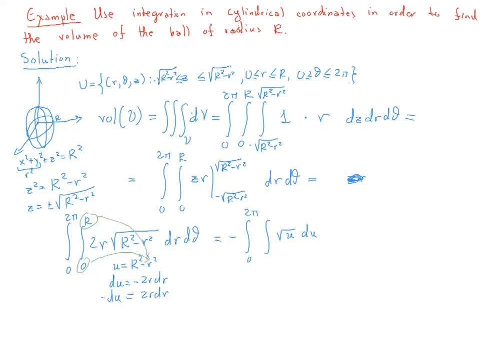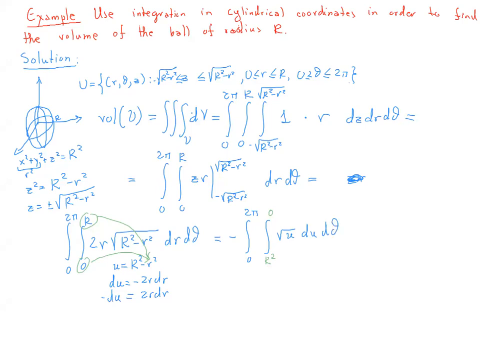So when we plug in uppercase R, we get uppercase R squared minus uppercase R squared, which gives us 0 on the top. And when we plug in 0, we get uppercase R squared. Okay, and this is now d theta.